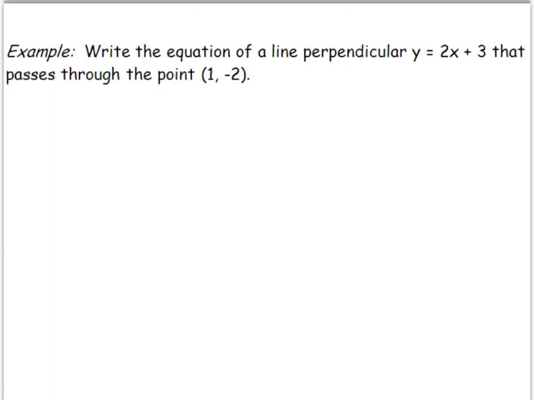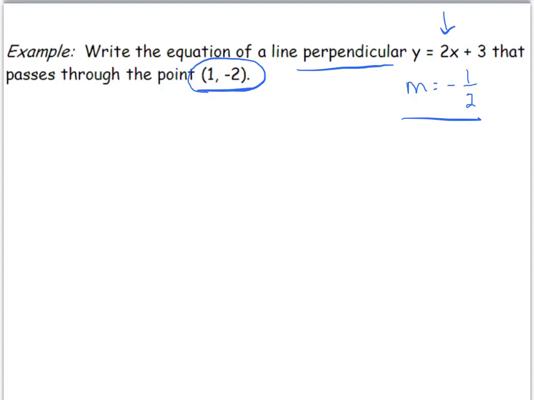If the lines are perpendicular, their slopes have to be opposite reciprocals. We also know that we have a point. The opposite reciprocal of 2 would be negative, because this is positive, so this would be negative, that's the opposite. The reciprocal then would be 1 over 2. So here's my slope, and here's my point. This is what I have to work with.